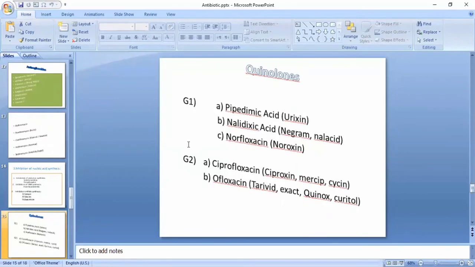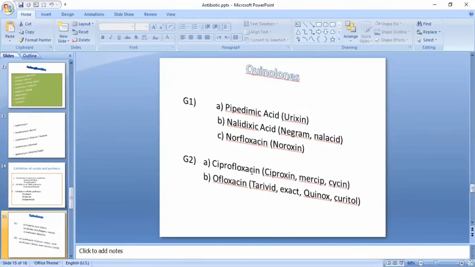Later on, generation 2 was introduced, and the generation 2 drugs are ciprofloxacin, a very well known, very famous drug, with the names Marsepacicin or Ciproxin. So it is a very effective drug in urinary tract infection and typhoid fever.